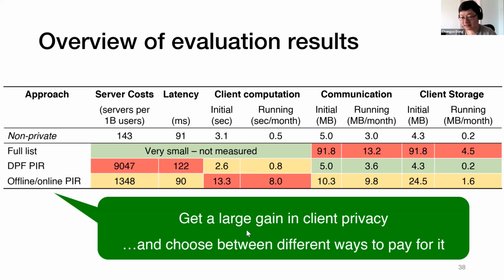Okay, there is another question in the chat. The question is, the problem of downloading the full list is how often do you need to update them? So downloading it again. Yeah, that's true, but I would say that usually you can just download the diffs, so only the recent updates.